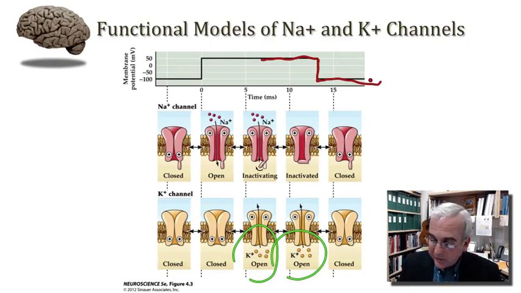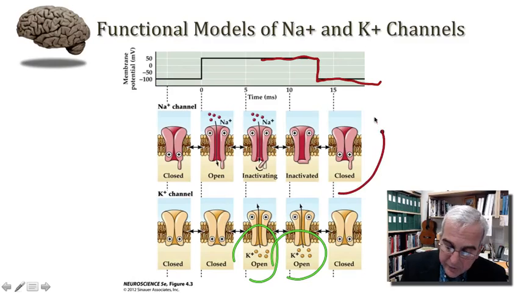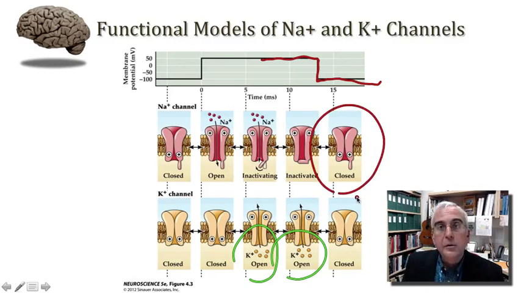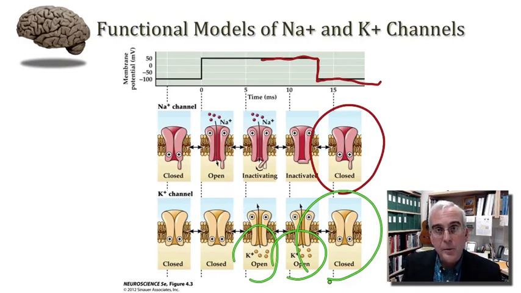This hyperpolarization is essential to restore the closed state for both of these channels. For the sodium channel, that means that the pore itself is closed and the inactivation gate is open. For the potassium channel, it means that the pore simply has closed off, preventing any further efflux of potassium ions.